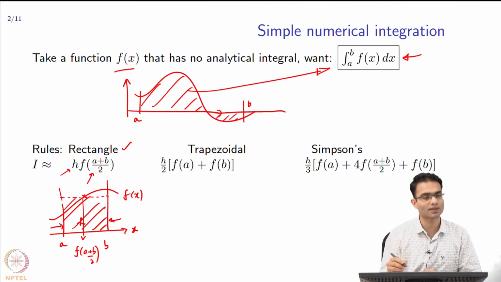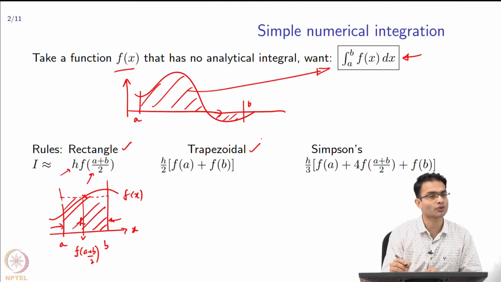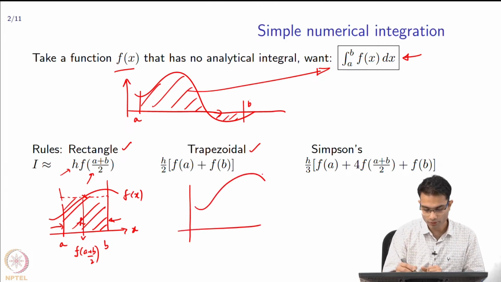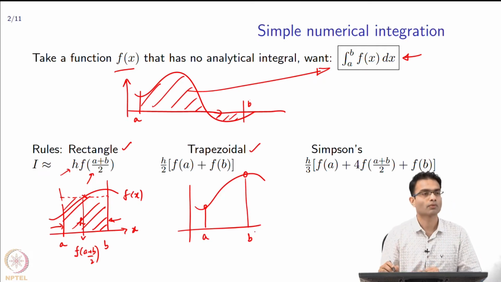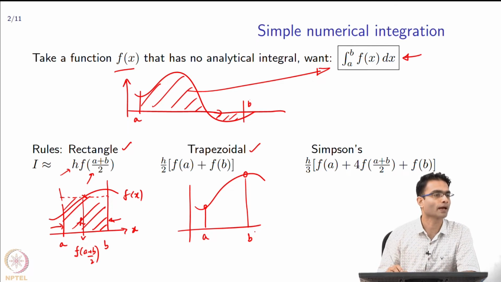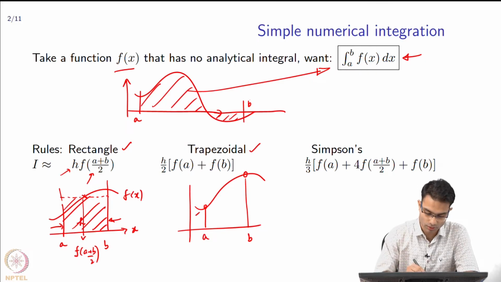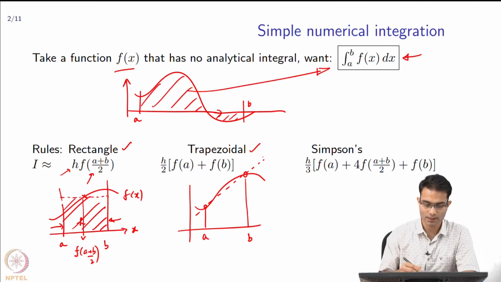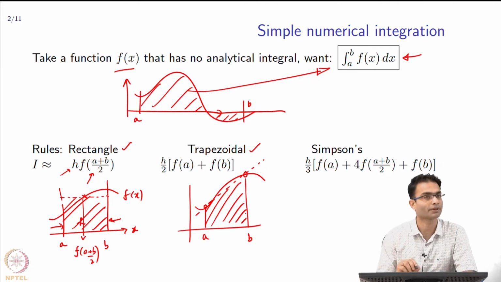The second rule which you would have seen would be called the trapezoidal rule. Let us take the same function over here, try to draw it again in the same way. If these are the 2 points a and b, it says, instead of putting a rectangle through the midpoint, let me put a trapezium that covers this. It is going to take a trapezium like this and estimate the area as this quantity over here.